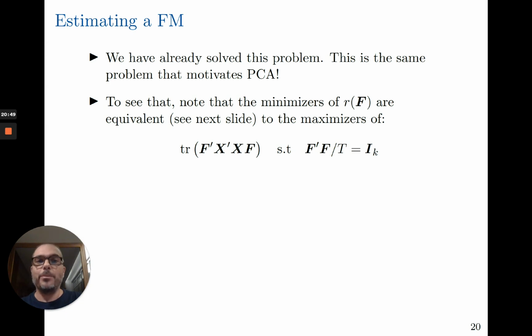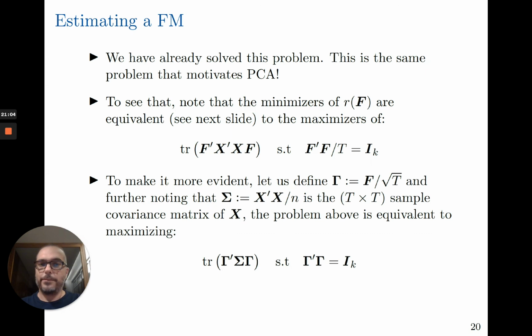So the minimizers of R of F are equivalent to maximizers of the trace of this matrix F prime X prime XF, subject to the factors being orthogonal.